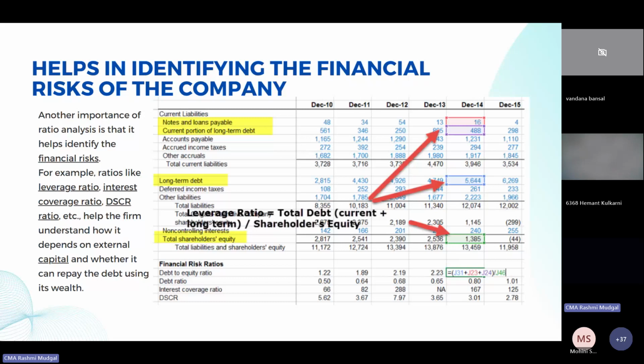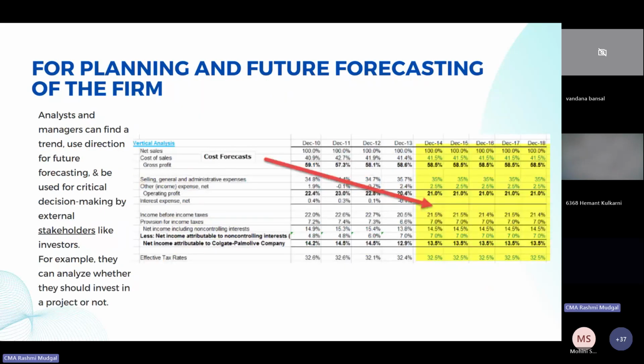ideal case. Okay, next, for planning and future forecasting of the firm, we can understand, do we need to go with this or not? Are we getting a profit out of it or not?